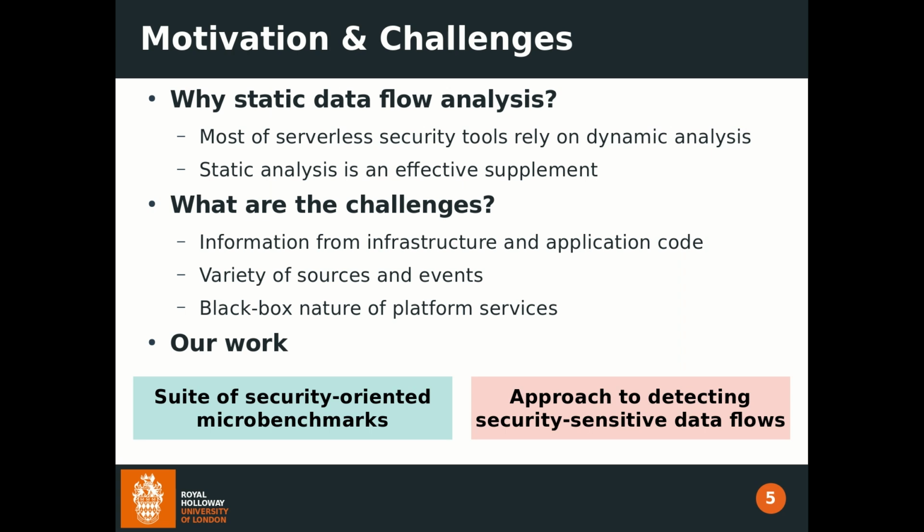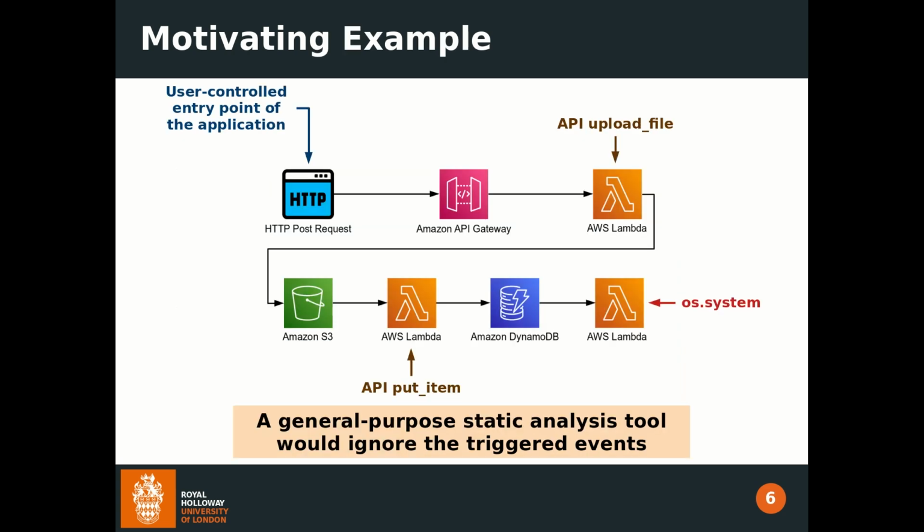To clarify in more practical terms what we've been trying to achieve, let's consider a motivating example. This simple application has a user control entry point, the HTTP post request, which triggers the execution of three Lambda handlers.